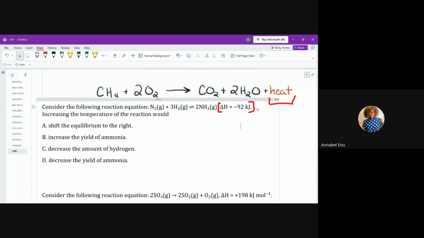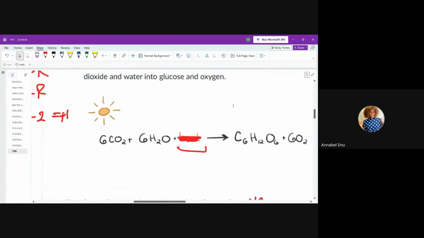If something is exothermic, it means heat is released. So where would release of heat go to? Just as we had up here, I told you heat will participate in the process. If it is endothermic, that's why heat is written here, positive.